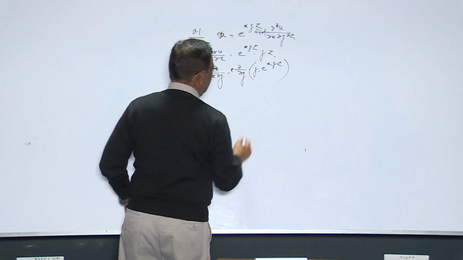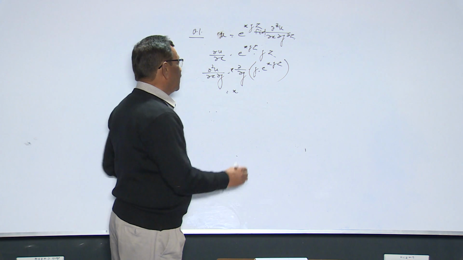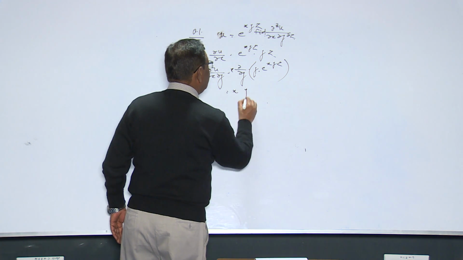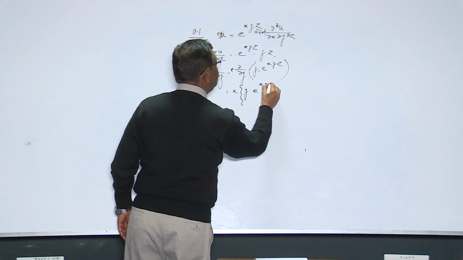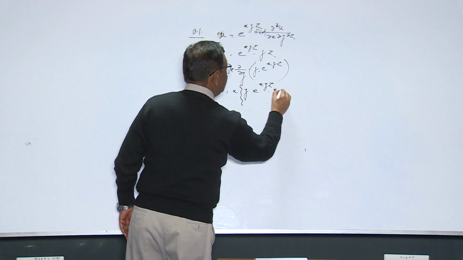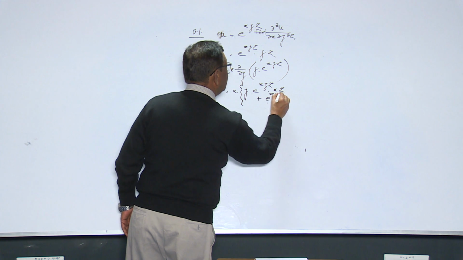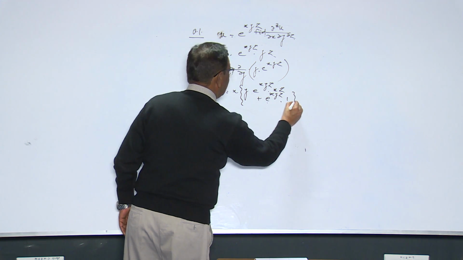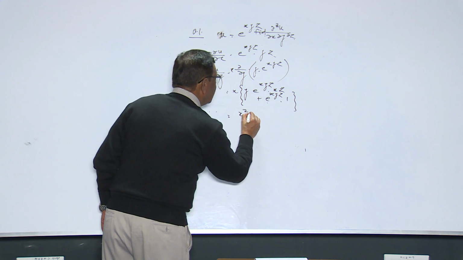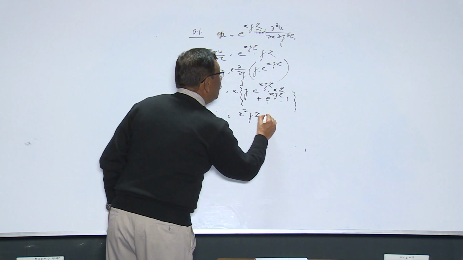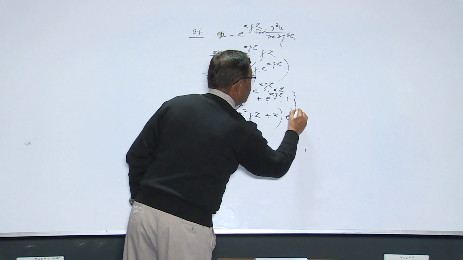Now, it is a product of two functions, so we will adopt the product formula: y as it is, times the differential of the second, that is e^(xyz) into xz, plus e^(xyz) into 1. So it is x²yz e^(xyz) plus x e^(xyz).